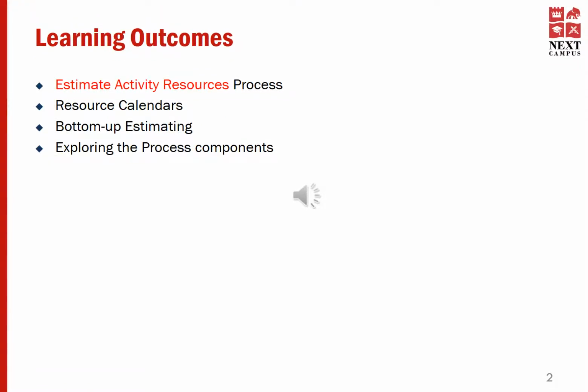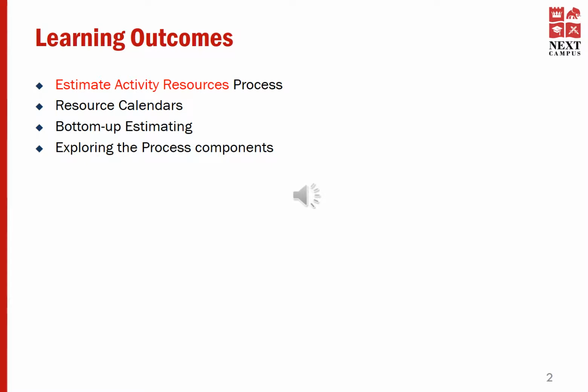This particular video talks about four major areas. Number one, estimate activity resources process. We're going to learn all the activities involved in the process named estimate activity resources, which is a part of planning resources.